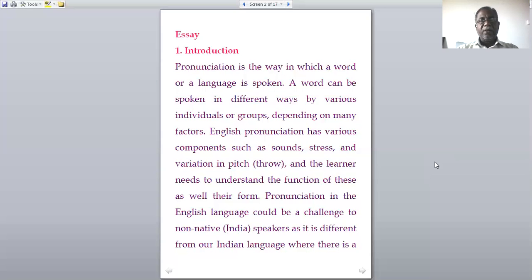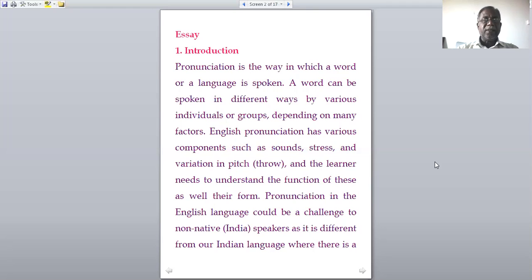A person from Tirunelveli will speak in a different way, whereas Chennai people will speak in a different way. But both are speaking Tamil only. The same Tamil, if it is spoken by Sri Lankans, they will speak in a different way. Same Tamil. English is an international language. Depending upon the culture and environment, they speak in a different way.